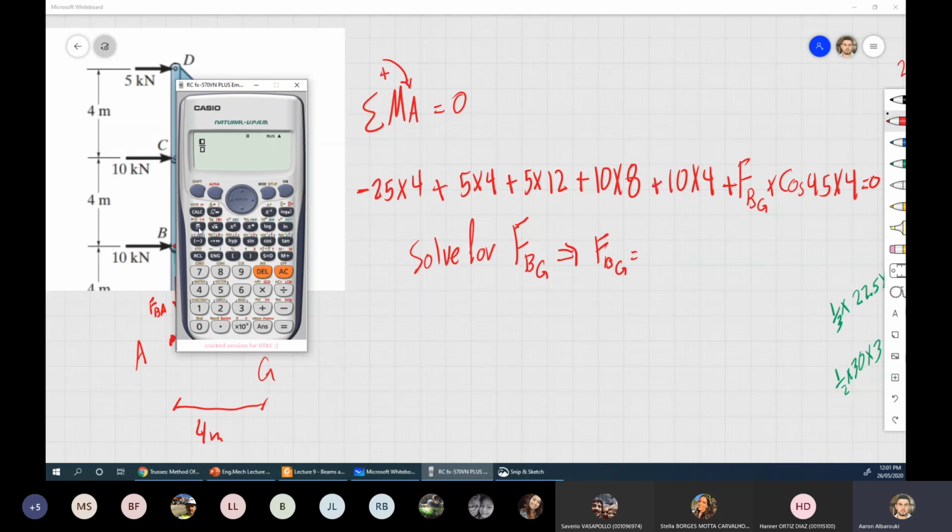Unless you can put it all into the calculator to calculate it for you, whatever is easier for you. So negative at the start, I'll put it here. Here I'll make it negative, because I moved all of those to the other side. What do we have? Negative 25 by 4 plus 5 by 4 plus 12 plus 10 by 8 plus 10 by 4, and that's all divided by 4 multiplied by cosine 45.